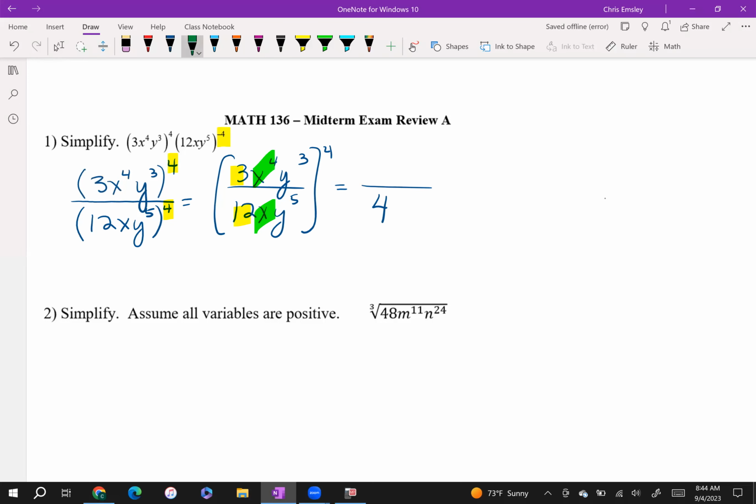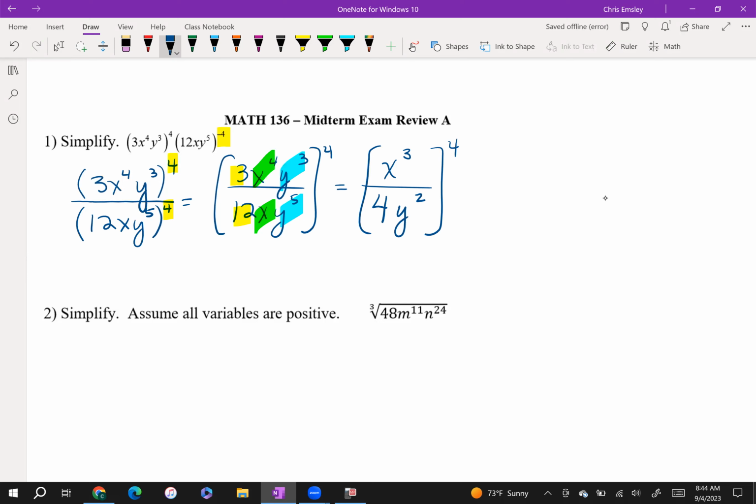So x to the 4th, x to the 1st leaves us with x to the 3rd on top. And then we'll do the same thing with the y's. This time we have more on the bottom. We have y to the 5th on the bottom, y to the 3rd on the top. If we subtract, that means we have 2 left over, and those end up on the bottom. Whole thing is still raised to the 4th power.